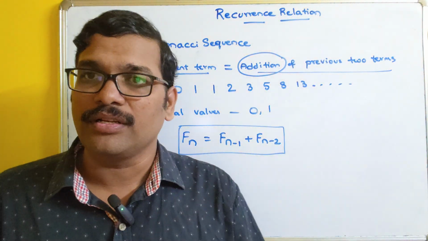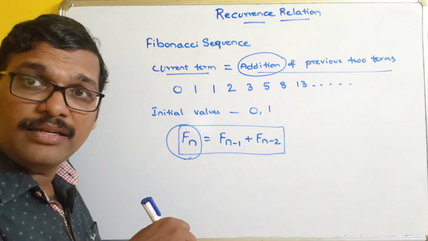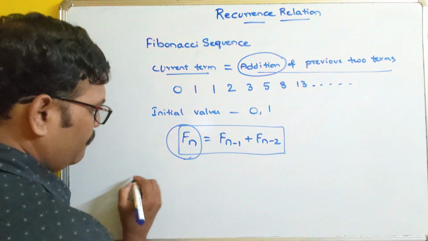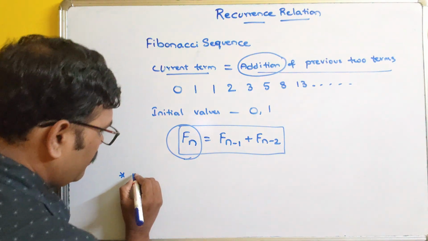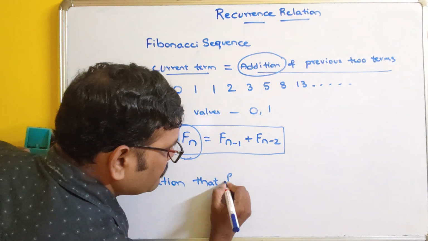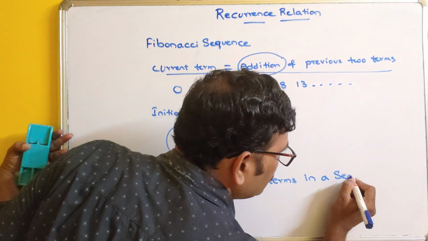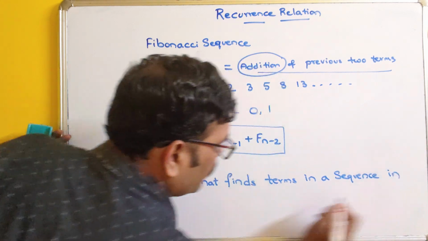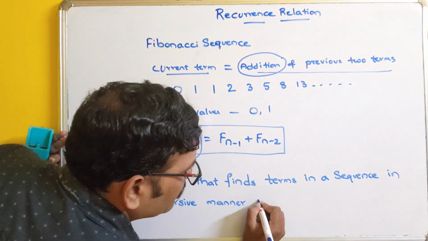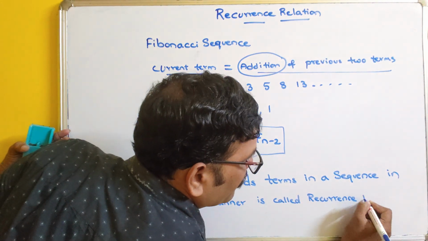This is the best example for the recurrence relation. A recurrence relation finds the terms in a sequence in a recursive manner. I am writing the definition here: a relation that finds terms in a sequence in a recursive manner is called a recurrence relation.